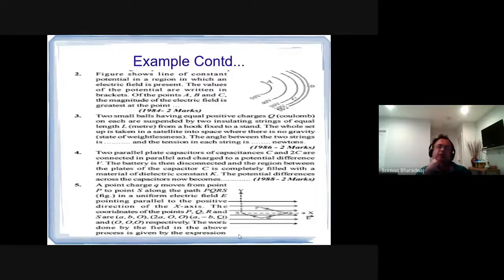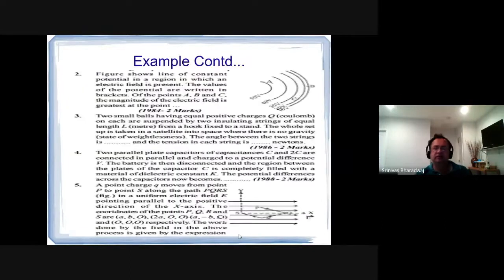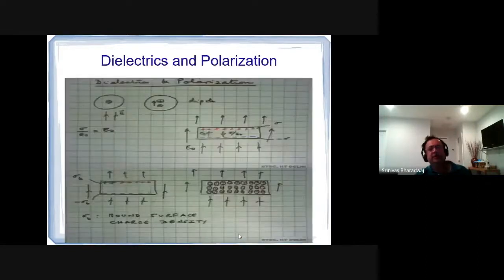Now because the field is in this direction, you only worry about the X component, and the X component we know is just A for the point P. So A times EQ. EQ is the force, F times D, F times A. So EQ times A will give you the work done.